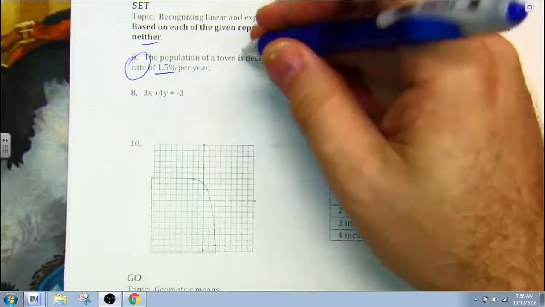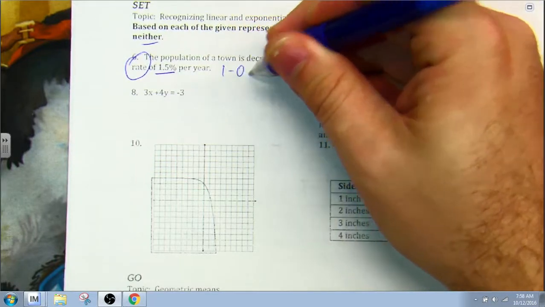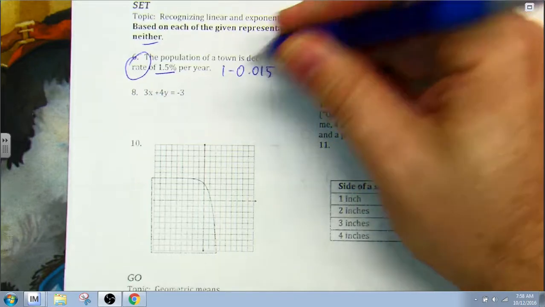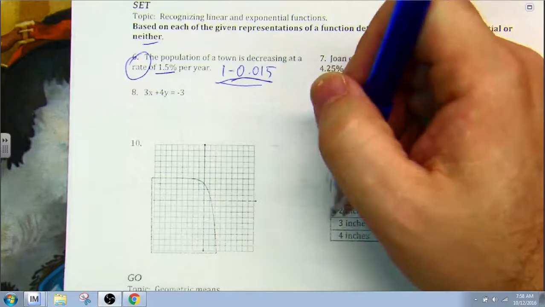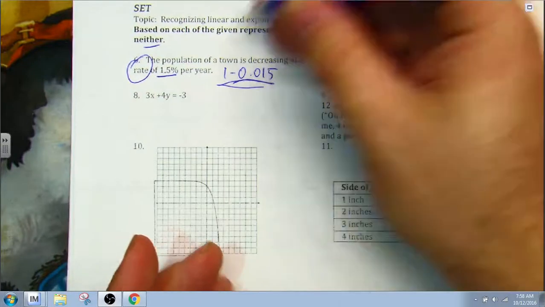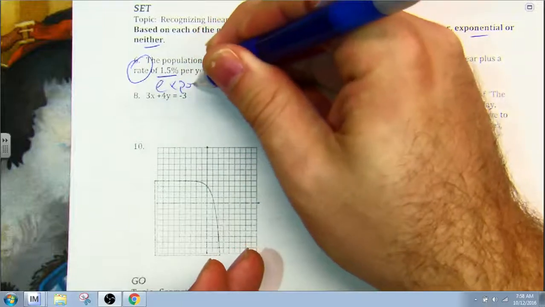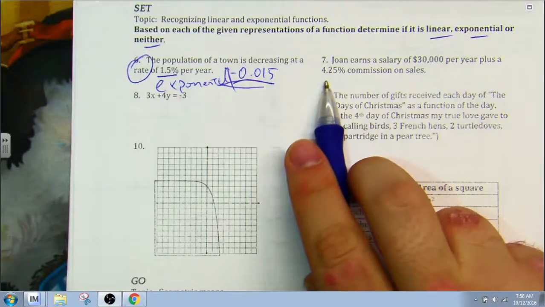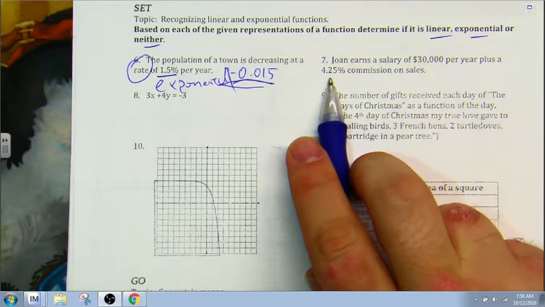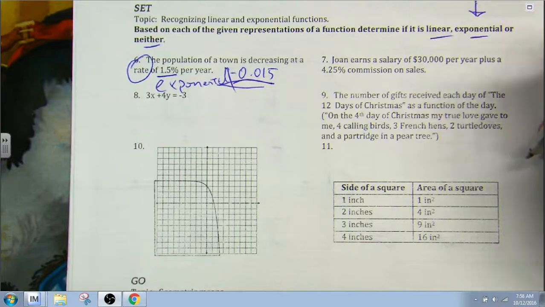That means we're multiplying by 1 minus 0.015 each time. Remember, this is how we calculate rates when we're working with percentages. That being said, this is going to be a geometric function, so we're going to say it's exponential. That's kind of like a hint. Whenever we're seeing percentages, that tends to be exponential growth.